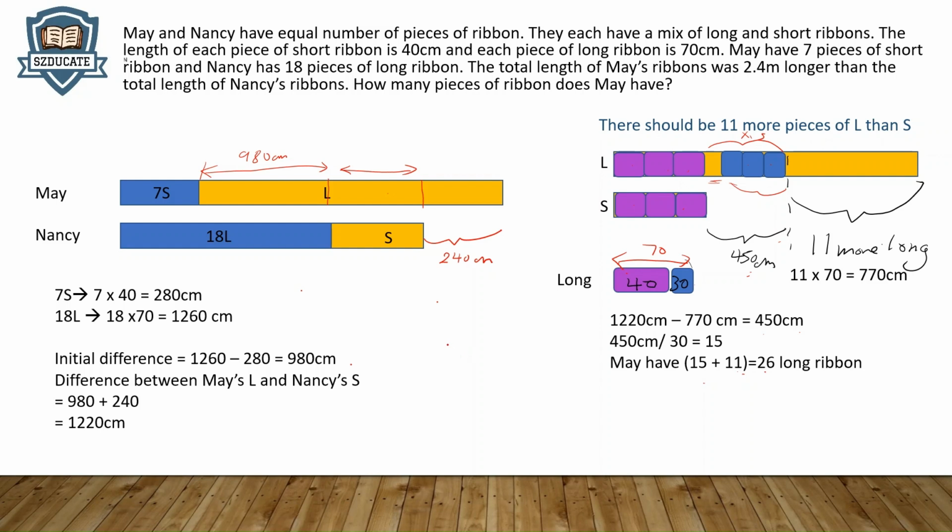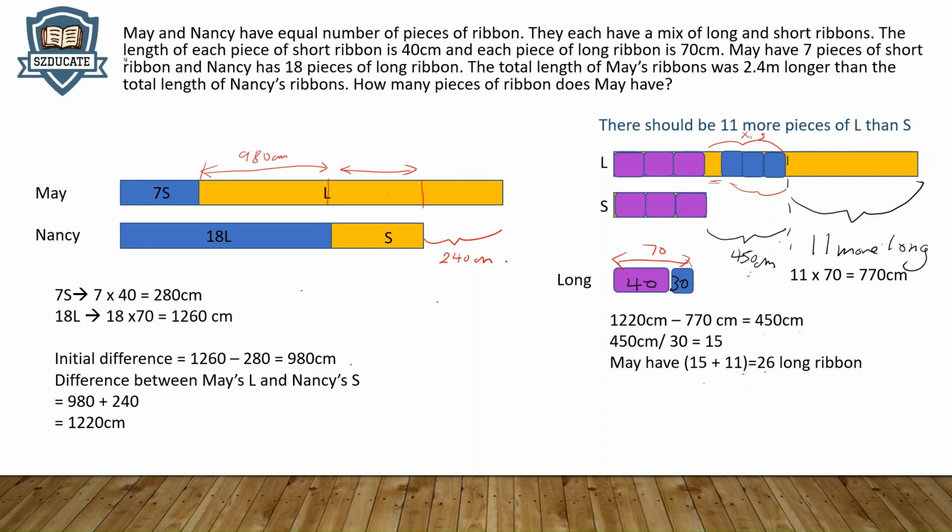This method is model drawing so that you can visualize, but you can tell that actually it's still not that easy, and it's very time consuming. It might be easier to visualize for some students, but it's very time consuming. So which is why I actually prefer gap and difference. But if you do not understand, then this is another possibility that you can use to solve this problem.